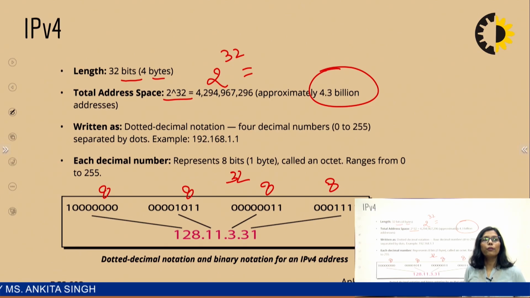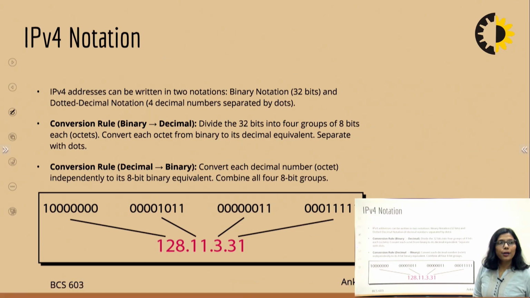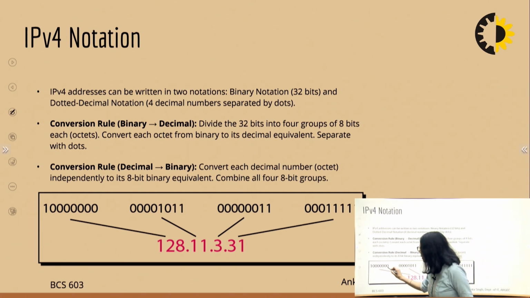So how do we convert binary to decimal? It's very simple. I have a 32-bit binary number. I will divide this 32-bit binary number into 8-bit octets. Each of these 8-bit octets can be converted into a decimal number. Suppose this is my number, I can write it position-wise and then get the sum.